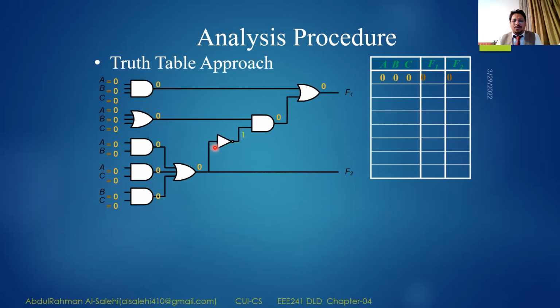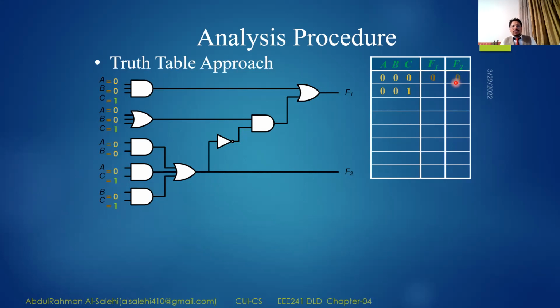So the NOT gate will invert the 0 to be 1. Now, this 1, when I pass it through the ANDing gate and multiply it by 0, will give me again the same result, 0. This 0, when I OR it with another 0, will give me the result of 0. So what will the output be then? The output of F1 will be 0. The output of F2 from here will again be 0.